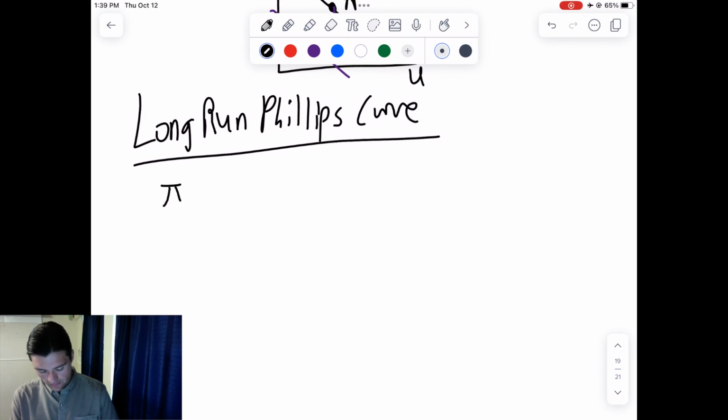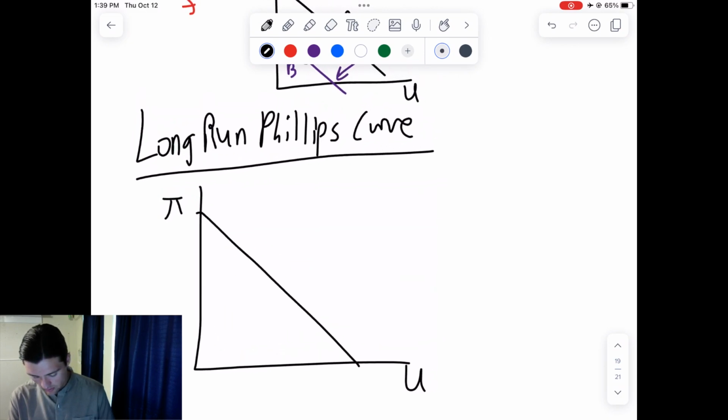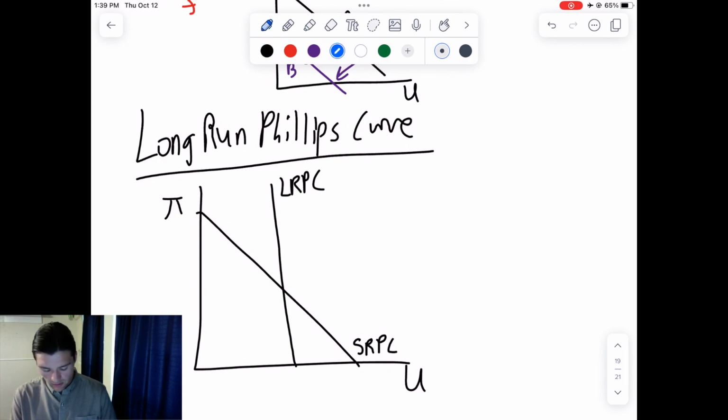So therefore we have inflation, we have unemployment, we have the short run Phillips curve, and then we have the long run Phillips curve. And what the long run is telling us is this is your natural rate of unemployment. Remember, natural rate of unemployment is where you are at your full employment.